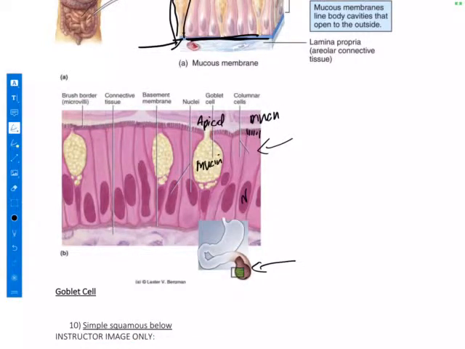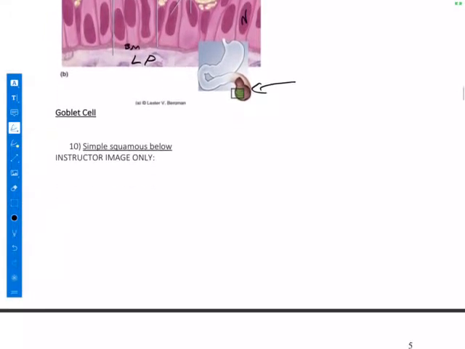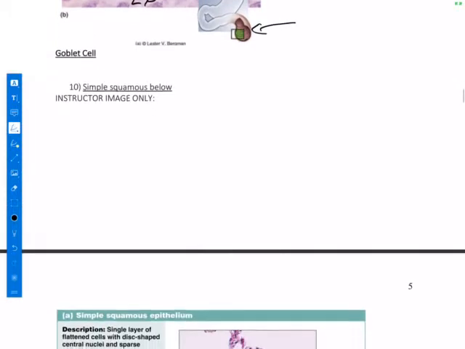So we end up with mucus on the apical layer. And this is the basement membrane here. And then this would be the lamina propria, or that areolar loose connective tissue. Remember, connective tissue is always underneath or deep to epithelial tissue. So that's the goblet cell that we often see in epithelial tissue.